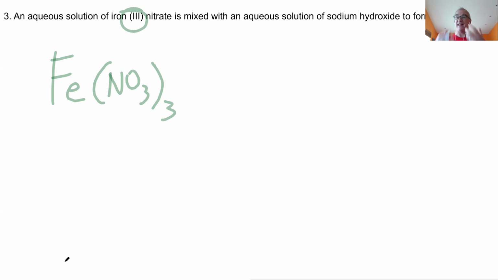AQ, yes. And what does that mean? It's a solution, so something was dissolved in something else to get FeNO3. Nope. It means it's in solution. What else does it mean? It means 2 things. 1, it's in solution. What's the second thing it means?